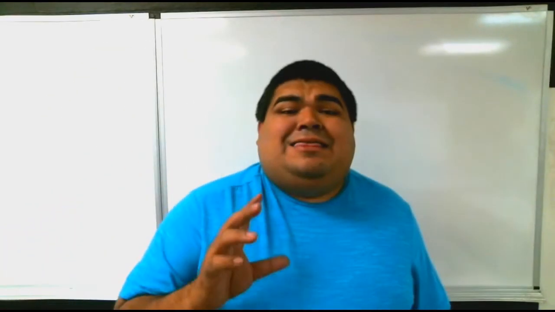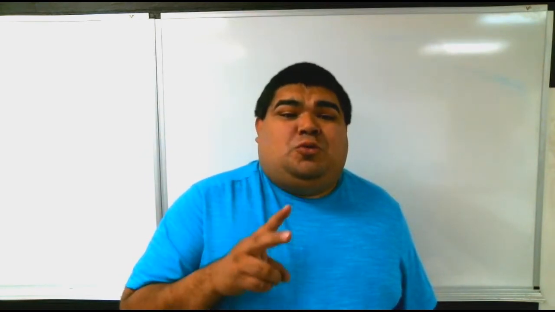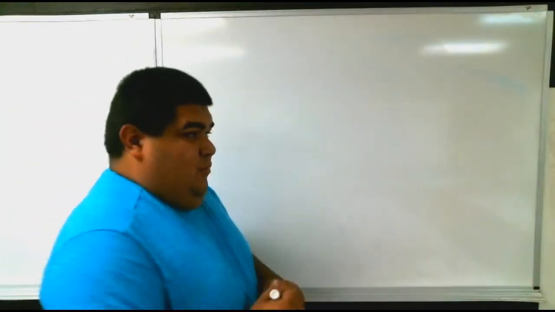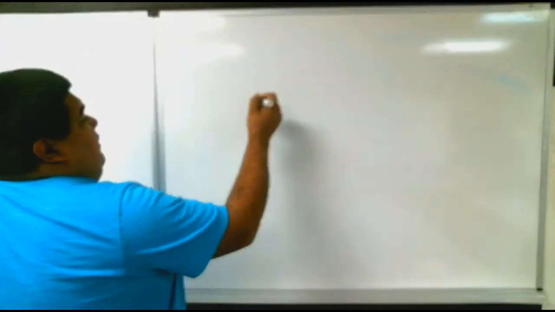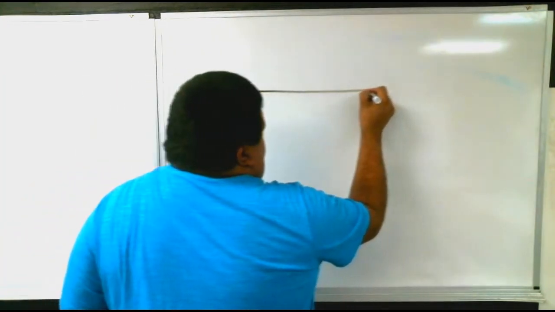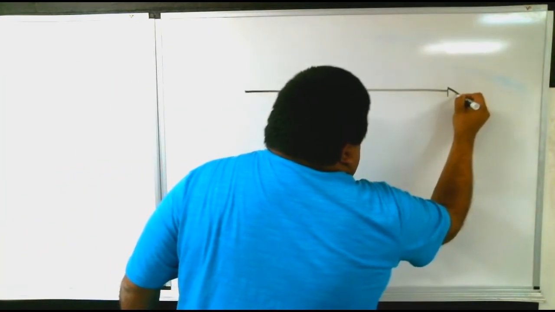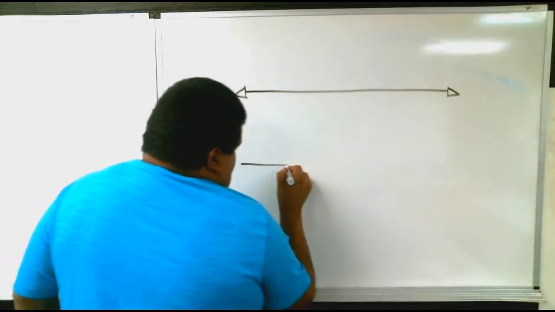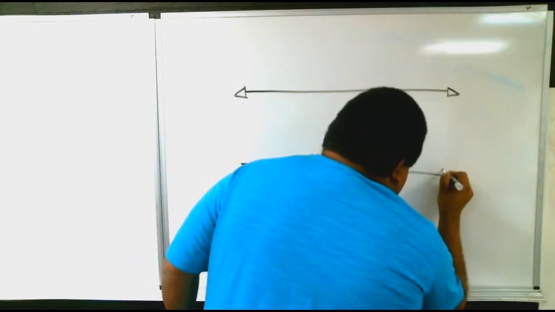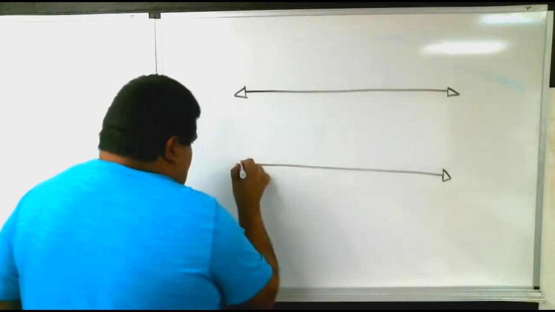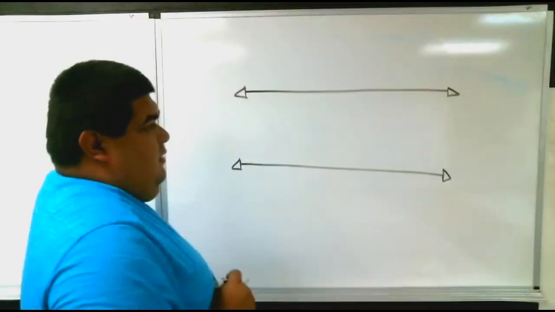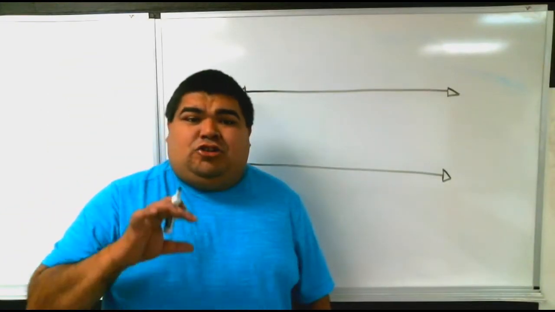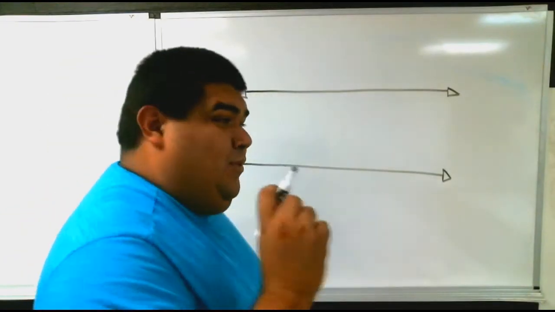Transversals are lines that pass through 2 or more lines. So for example, if I had 2 lines, there's our 2 lines. A transversal passes through both lines.